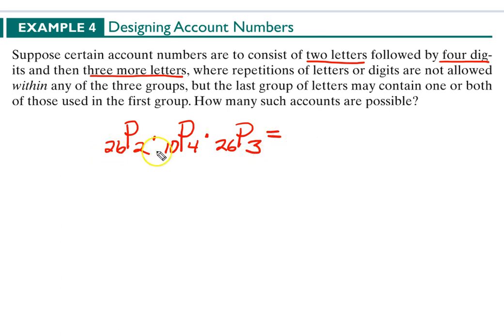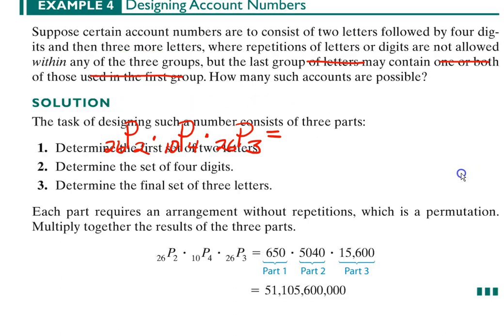And again, putting this into your calculator, 26 P function 2 times 10 P function 4 times 26 P function 3 equals, and it would be 51,105,600,000.